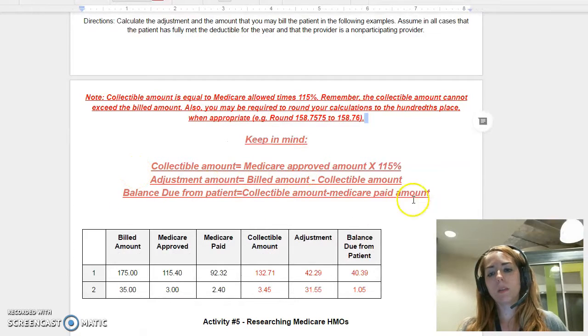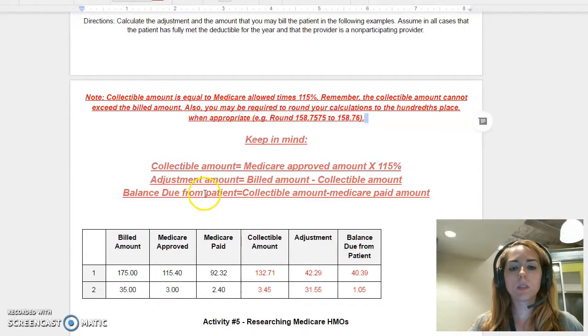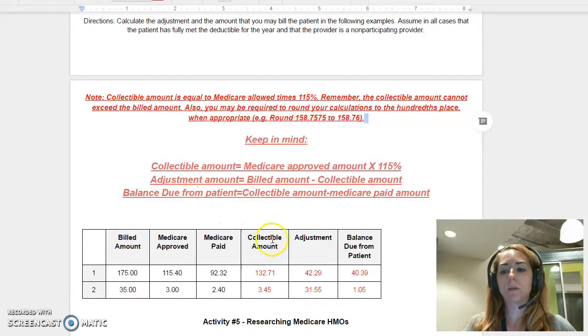I want you to write down these formulas for when you're doing this part of the assignment. It'll make it a lot easier when you're completing these scenarios. A collectible amount equals the Medicare approved amount times 115%. The next one is adjustment amount equals the billed amount minus the collectible amount.